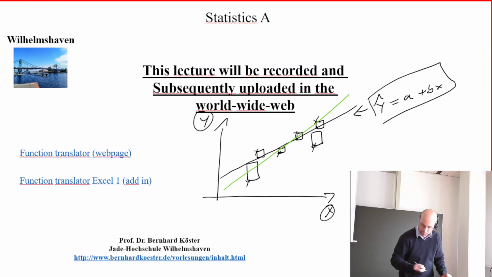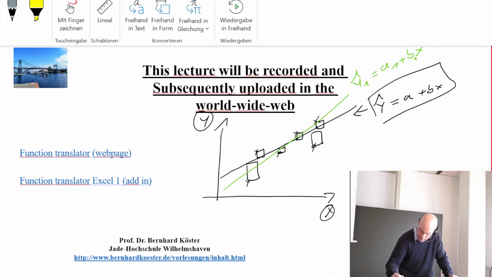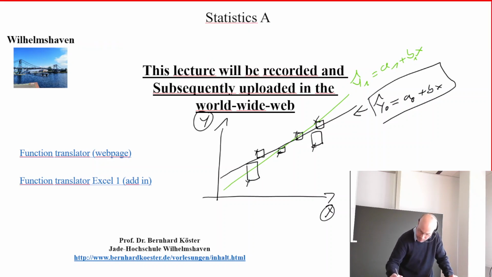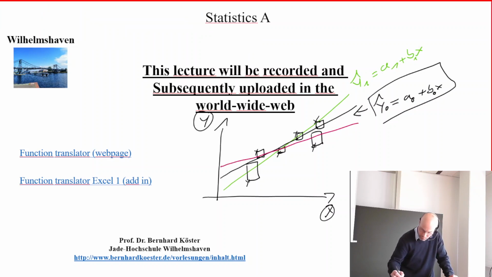Maybe we assume such a line is a1 plus b1 x, and let's take a third one, which looks like this: y2, a2 plus b2 x.